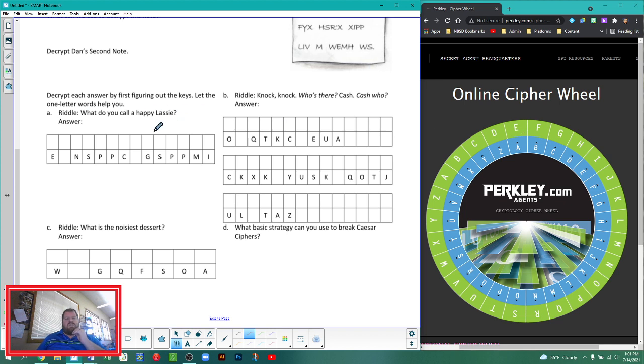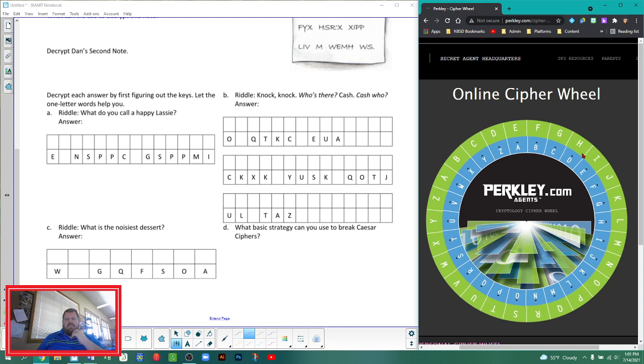So first one says, what do you call a happy lassie? I'm going to let E come from A. Now this is the same cipher wheel that I had before, but let's see if it works.